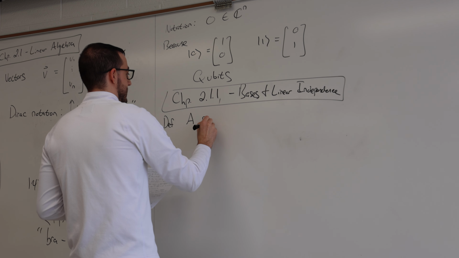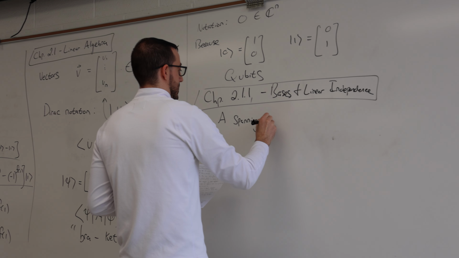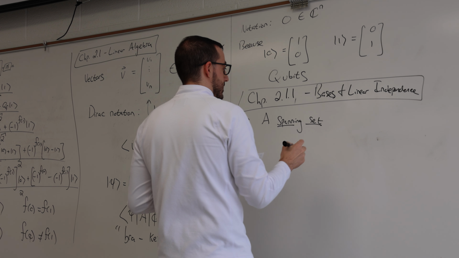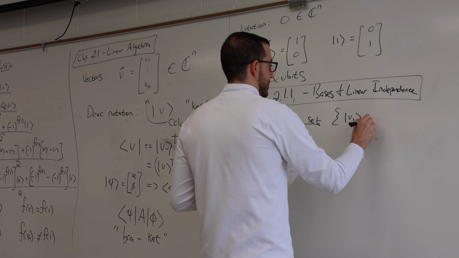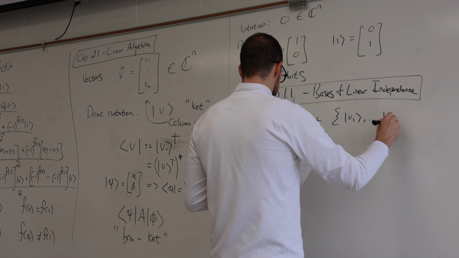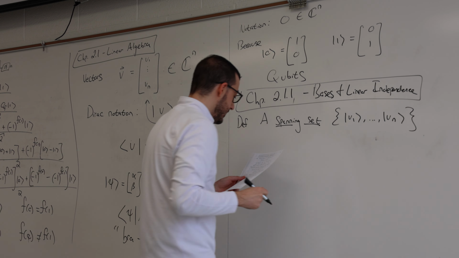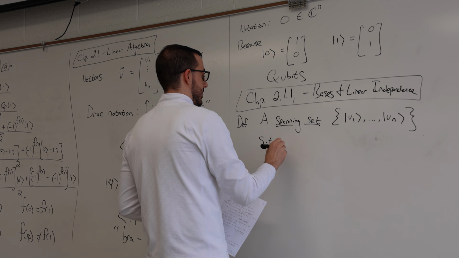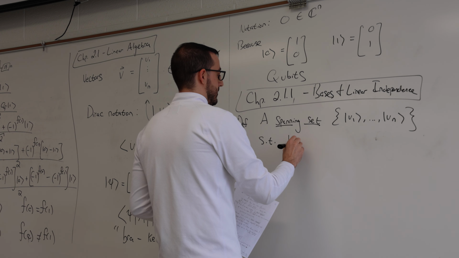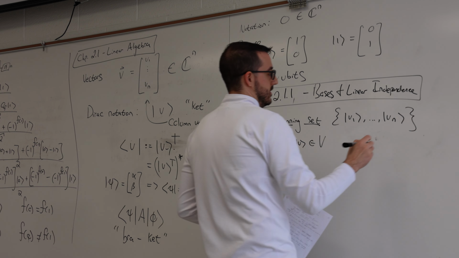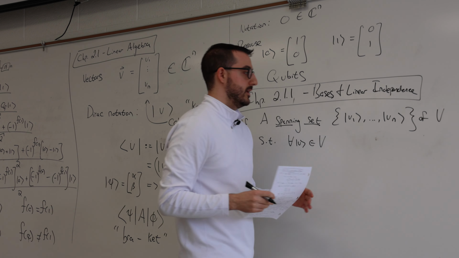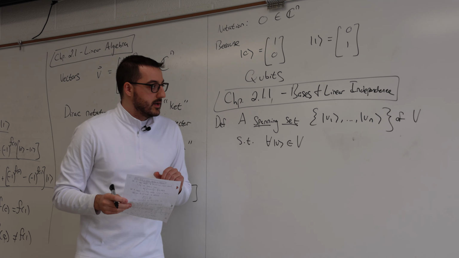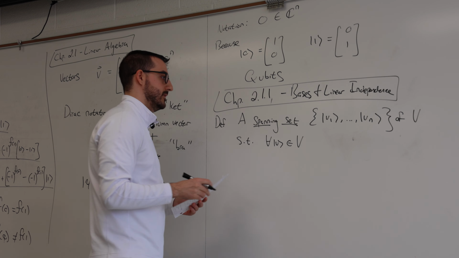A spanning set of vectors v1 through vn, given a vector space V, is a set of vectors such that any vector I want in the vector space can be represented as a linear combination of these vectors.